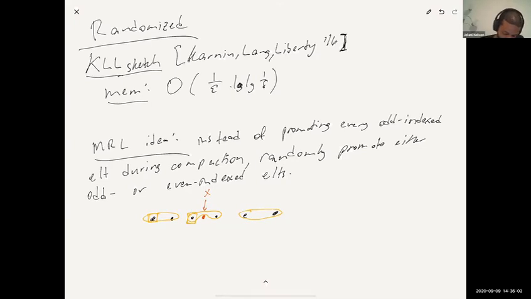However, if I choose to promote the odd index elements, then I'm going to think that the rank of X is 2, right? So I will be off by 1, but I'll either overestimate by 1 or underestimate by 1, randomly, right? And the point is, before I was always estimating in the wrong direction, and all these errors were just accumulating additively.